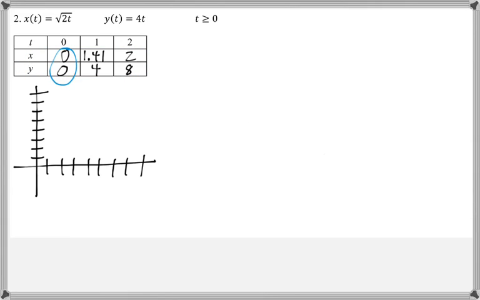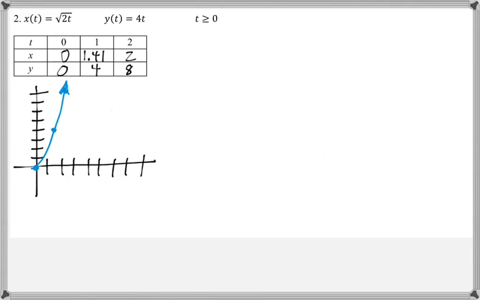So the point 0, 0 is going to be right here. The point 1.414, 1.41 is essentially 1.5, and up at 4 would be right here. And then 2, 8 would be up here. And that's going to look like that. So again, I put an arrow here because that's going to continue. It's not going to just stop.